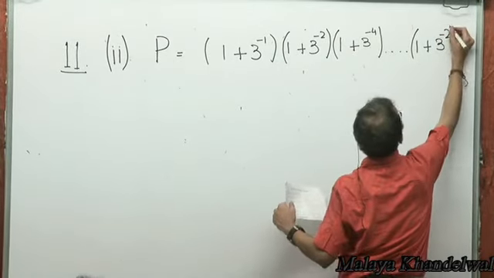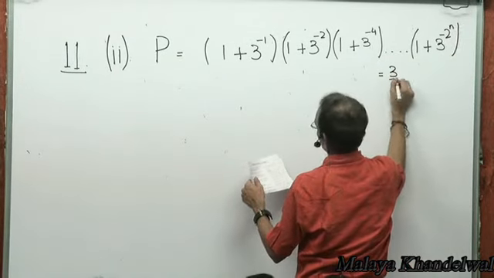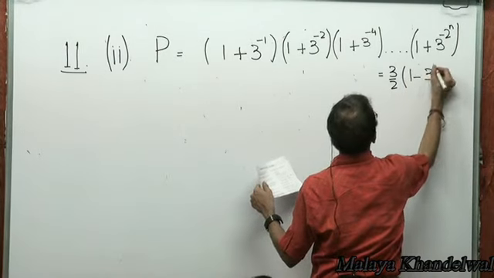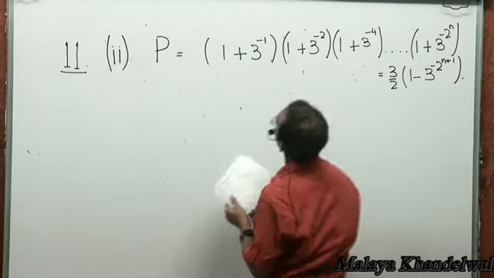We want to show that this is equal to 3 by 2 into 1 minus 3 to power minus 2 to power n plus 1. This is what we want to show.